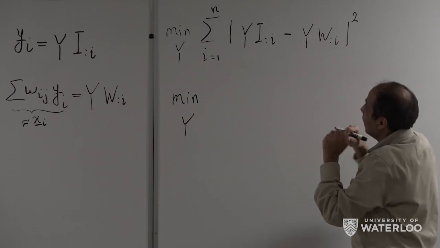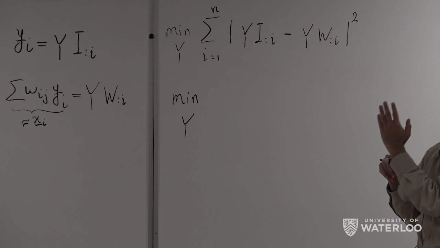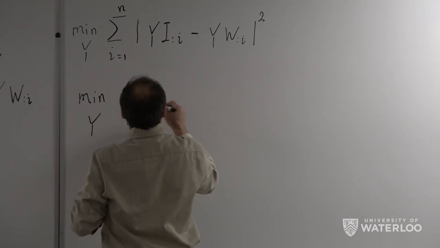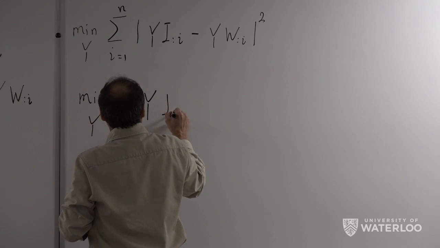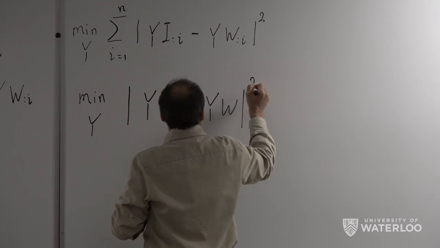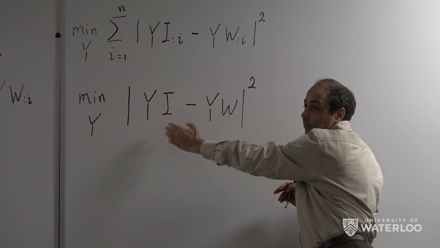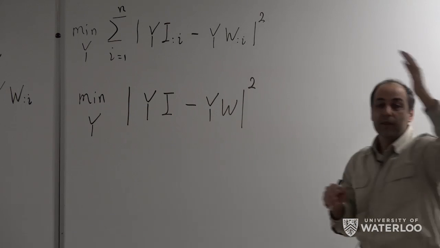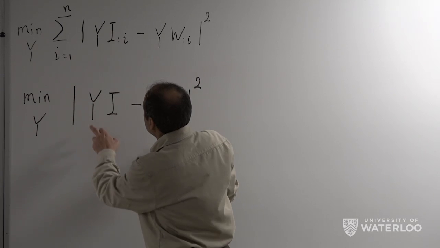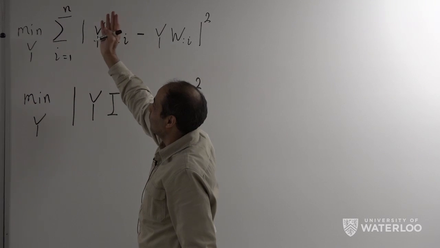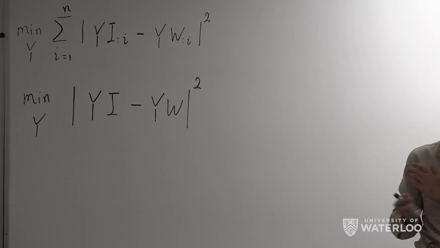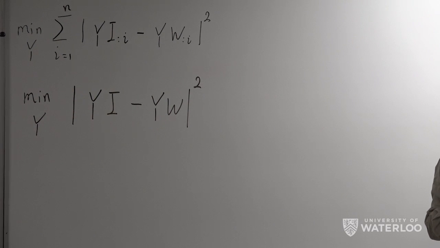It means I have to do it for every single column of this matrix. So simply I can put the whole matrix inside of this norm. So I can write it as Y I minus Y W, squared. Because by definition of the norm, it is the summation over all columns of this matrix, and this is only one of the columns of this matrix. So I can just get rid of the summation and put the whole matrix inside the norm. Right? Is that clear?